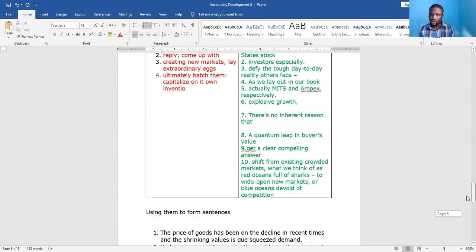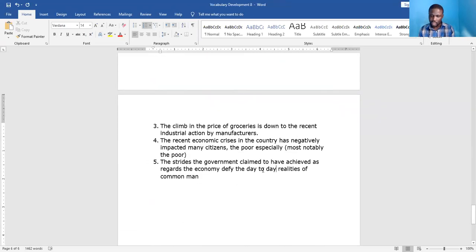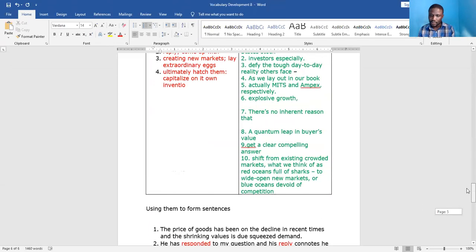Okay, now that is another sentence. So let me use the other ones.